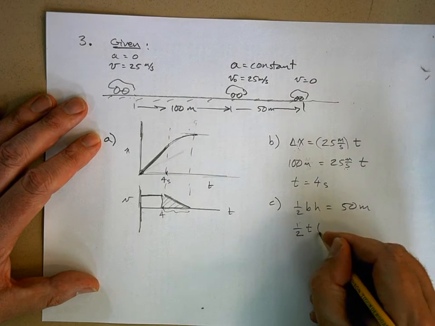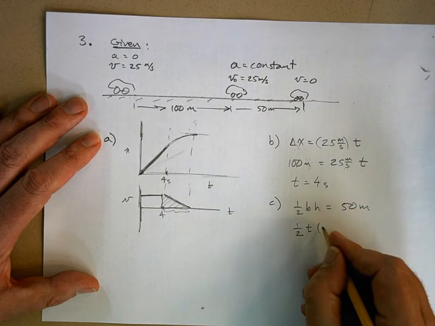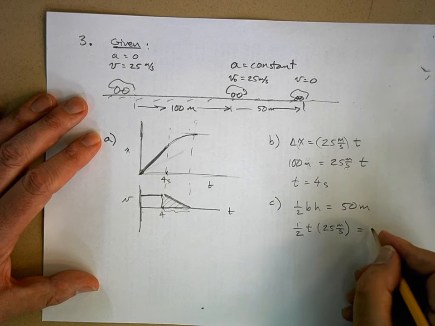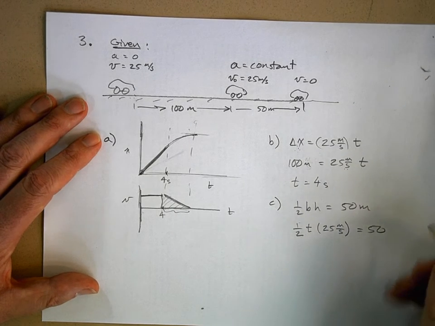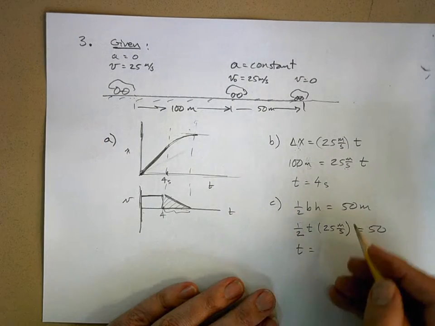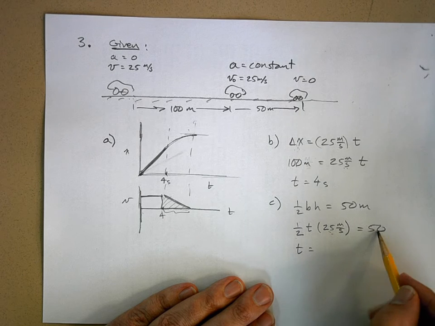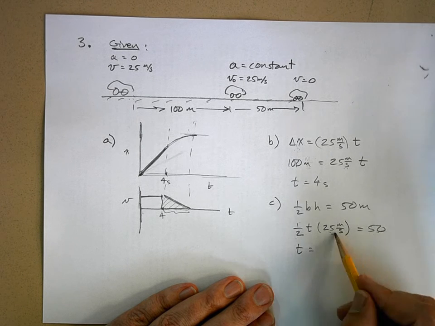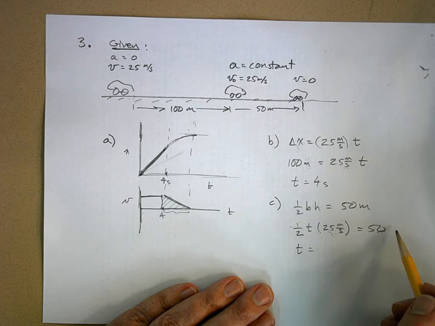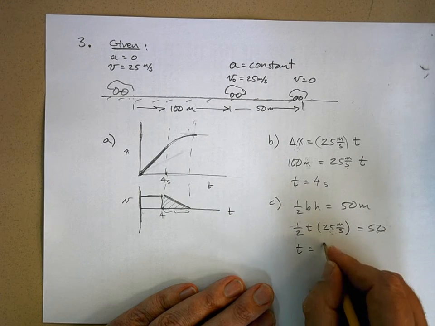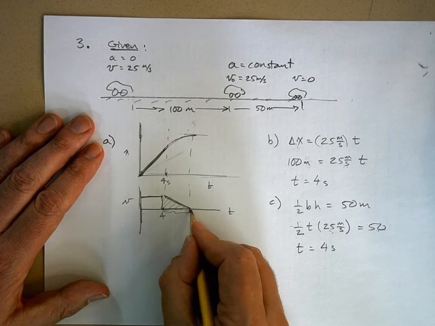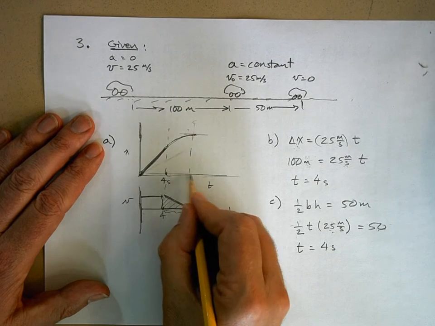Well, my initial velocity. And that has to be equal to 50. So T is going to be equal to, well, divide both sides by 25, and you get 2. Multiply both sides by 2, and you get 4 seconds. So it's the same amount of time. So from here to here is 4 seconds, so this is actually at 8 seconds.